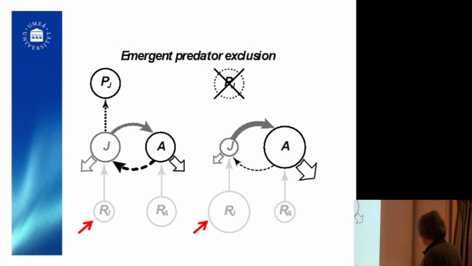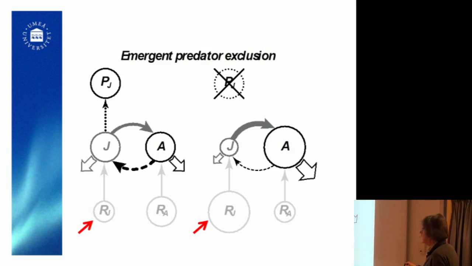So what happens if we increase the resource productivity in a system where the predator is present and feeding on the juveniles? It's sketched here: you increase the resource of the prey, and that leads to predator extinction. And why is this happening? Well, you give more resources to the juveniles, which speeds up maturation rate, but the resource productivity of the adults hasn't changed.